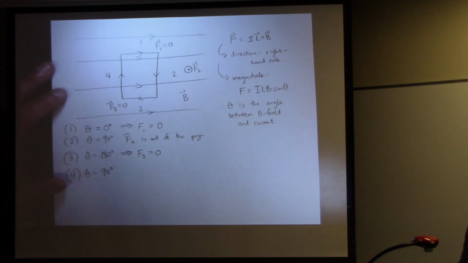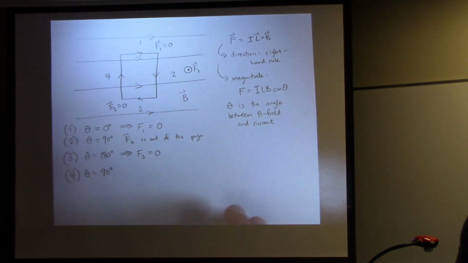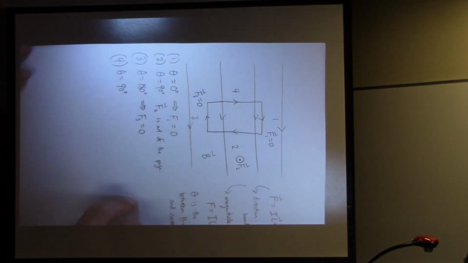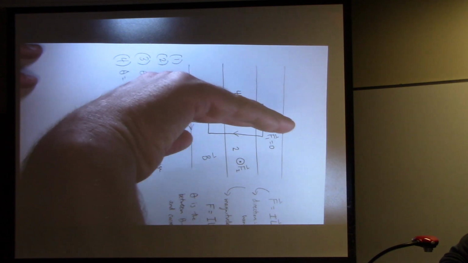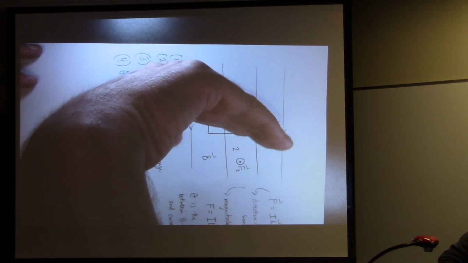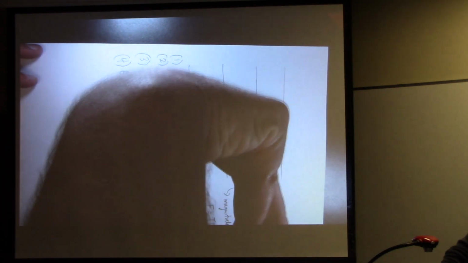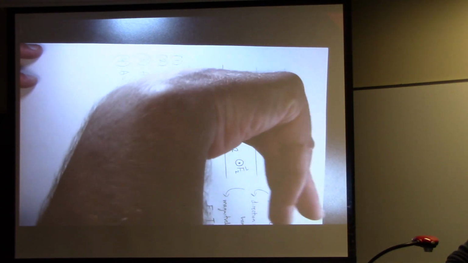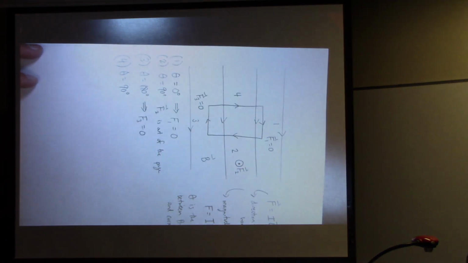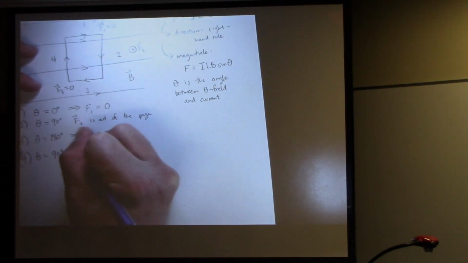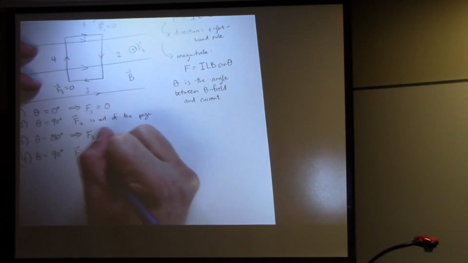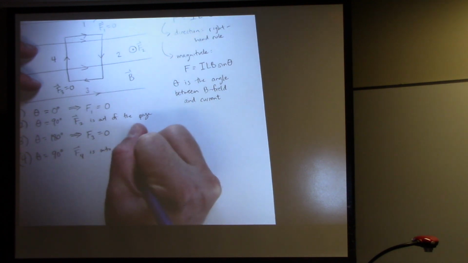I've got to take my right hand, and I have to start by taking the fingers of my right hand and pointing them in the direction of the current, which is this way. Then I have to curl them in the direction of the B field, which is this way. This is kind of hard to see, guys, but hopefully you can follow along. If you do this, my thumb is going to be pointing into the page. So F4 is into the page.